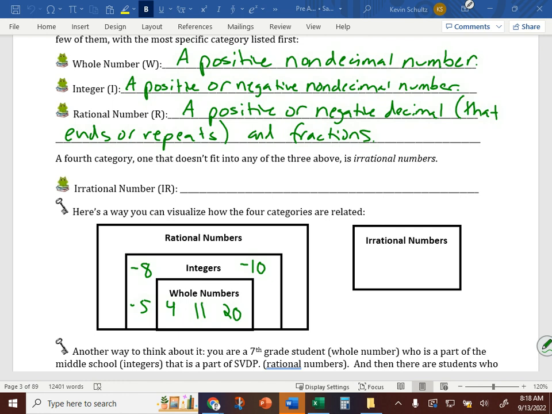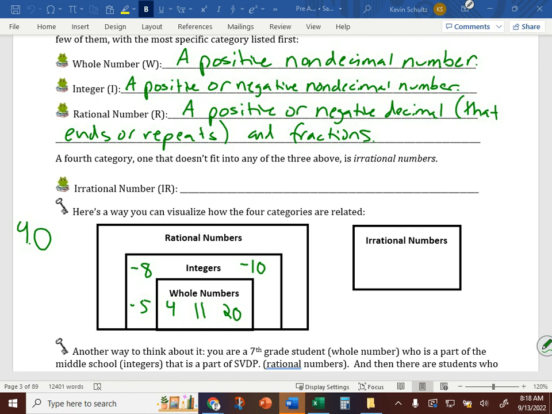So our examples of wholes, 4, 11, 20, they're also rational. Because you can write 4 as a decimal, can't you? How can you write 4 as a decimal? 4.0, right?